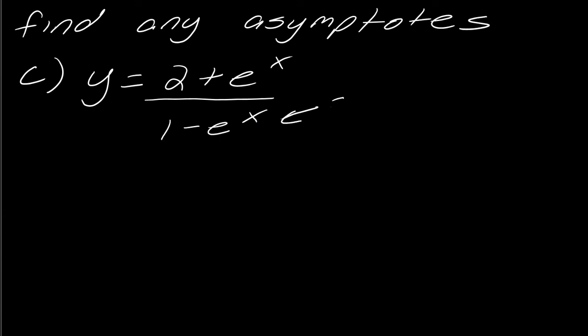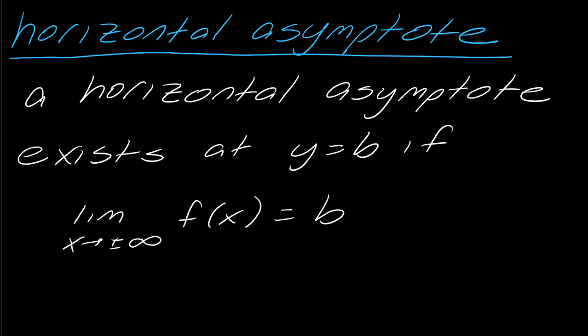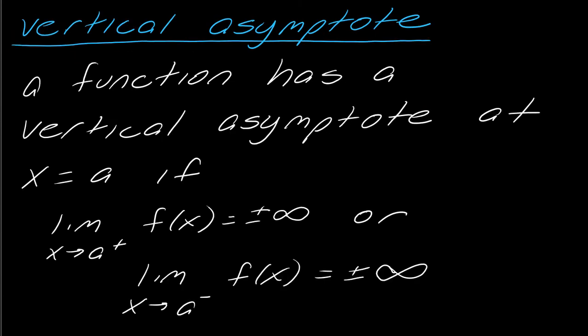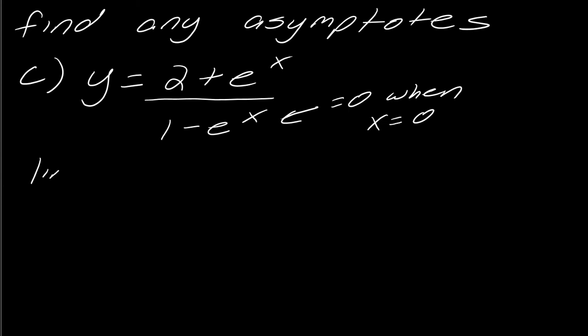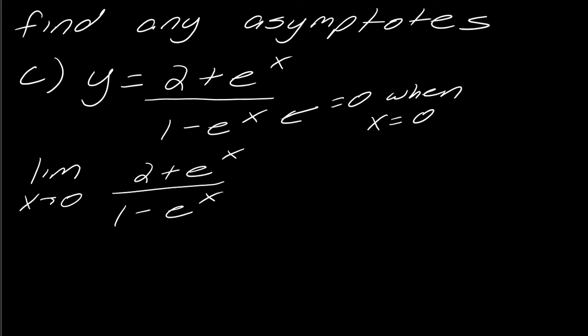I can see that this will equal 0 when x equals 0, because this will give me 1 minus 1. This is not a calculus level answer though, so to make this more calculus-y, I want to use the definition of the vertical asymptote. So I just have to incorporate a limit into my answer. I'm going to have the limit as x approaches 0 of 2 plus e to the x over 1 minus e to the x.